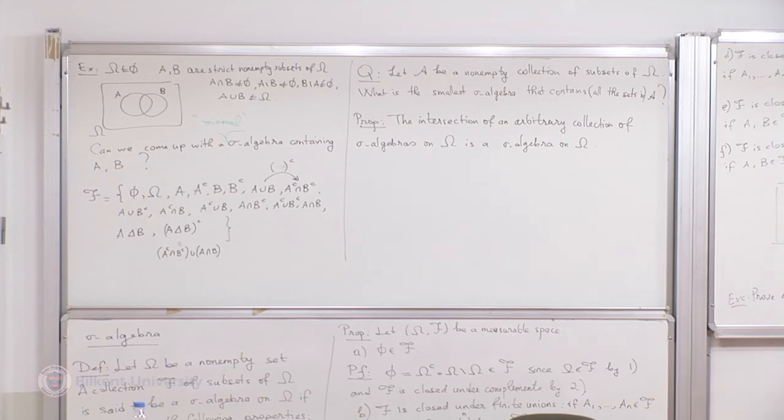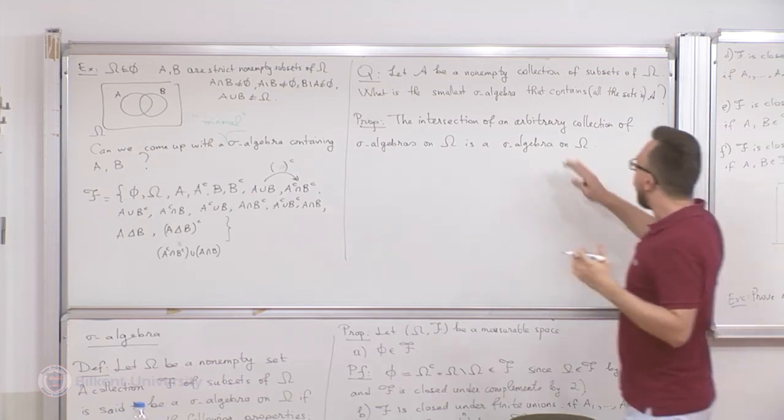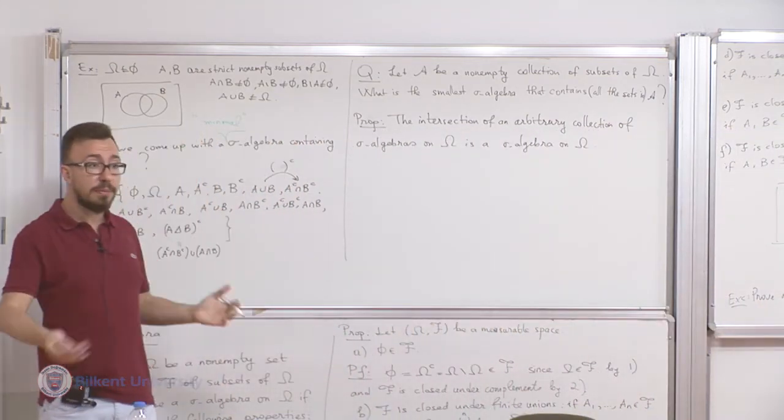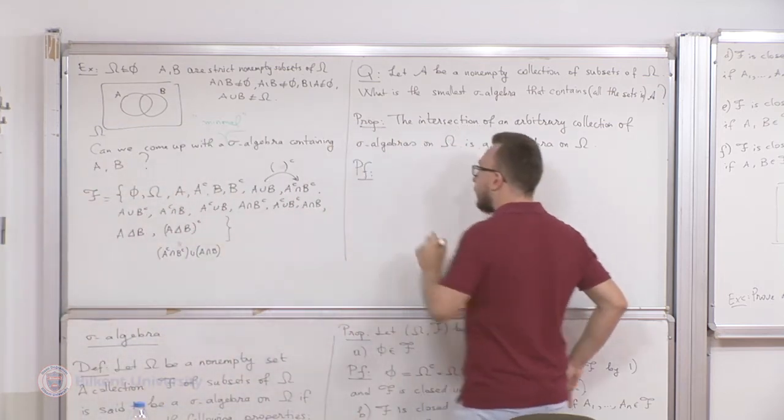So give me some sigma algebras, intersect them, it's a sigma algebra. And you don't have to have countably many sigma algebras. You can have arbitrarily many, uncountably many sigma algebras. That's fine. Okay? So here's the formal version.